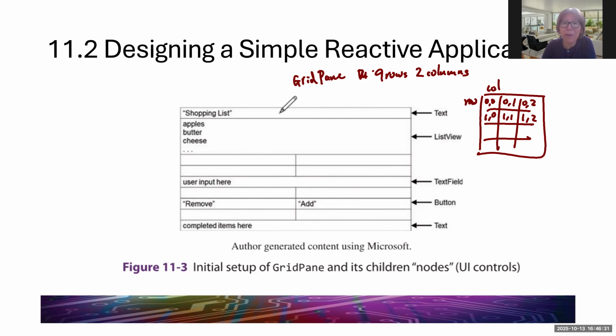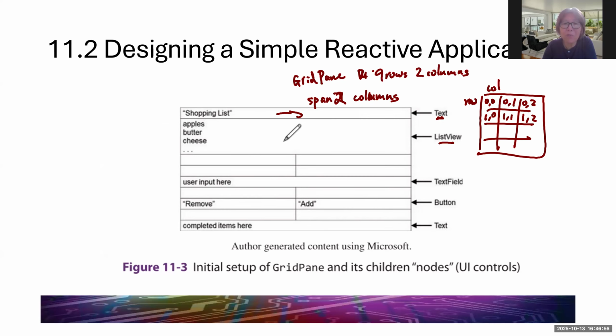It's 9 rows and 2 columns. And the first control is a text control, which spans 2 columns. The second row also spans two columns.